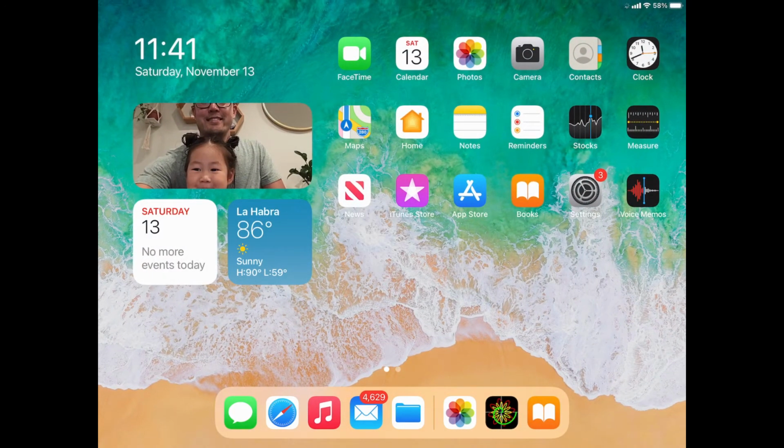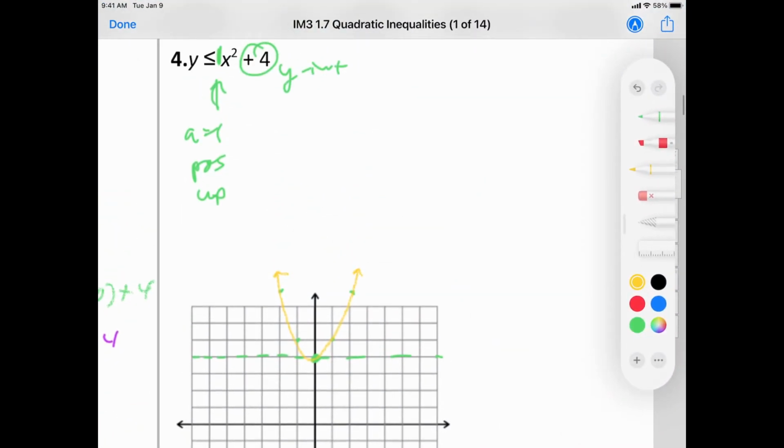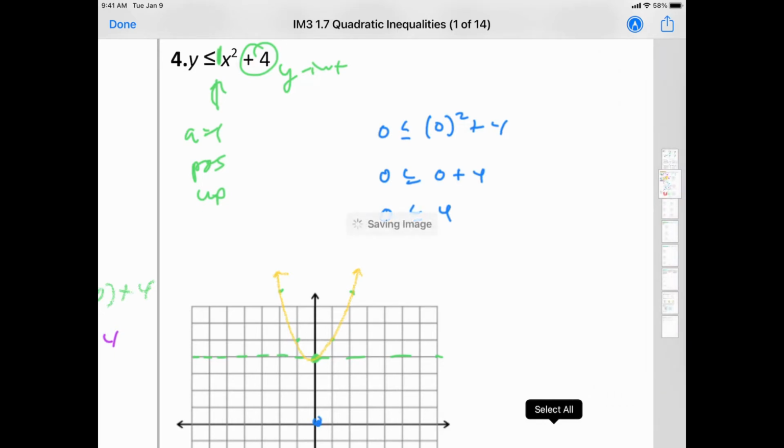And then we're just going to test this. So again, why do I pick (0, 0), the origin? It's the easiest one to test. 0 is less than 0 plus 4, so 0 is less than or equal to 4. 0 is smaller than 4, so now we're testing this ordered pair, so that is true, which means we shade where that dot is.